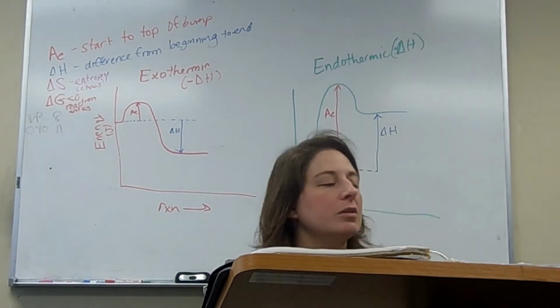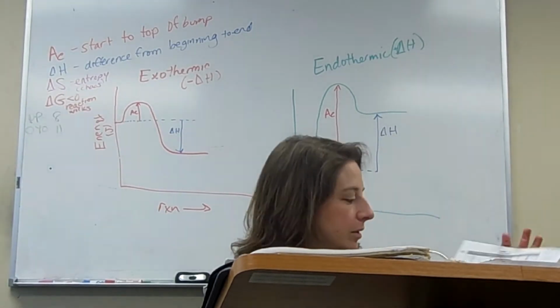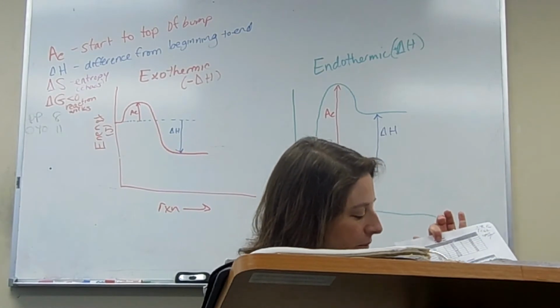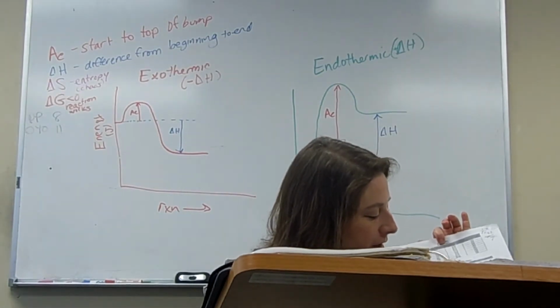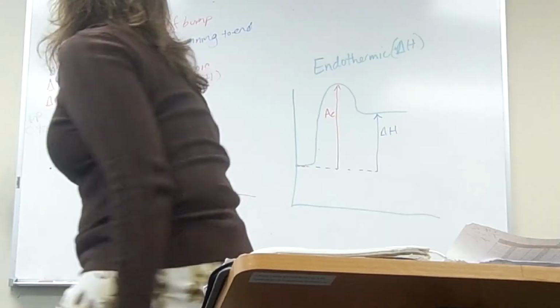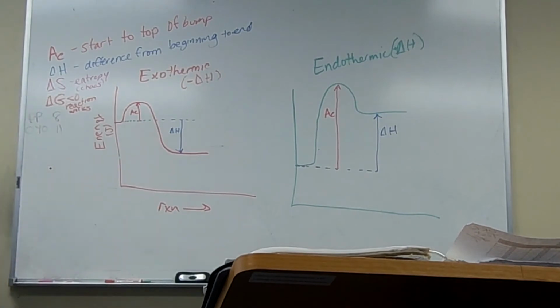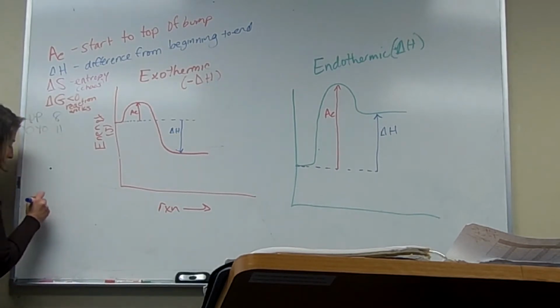So when you're looking to calculate entropy, you're going to use table 13.3. If you're looking to calculate Gibbs, you use 13.4. But essentially, they're the same equations as Hess's law, which is convenient. You only have to really learn the bond energy thing, which is reactants minus products. And then everything else is just like Hess's law.